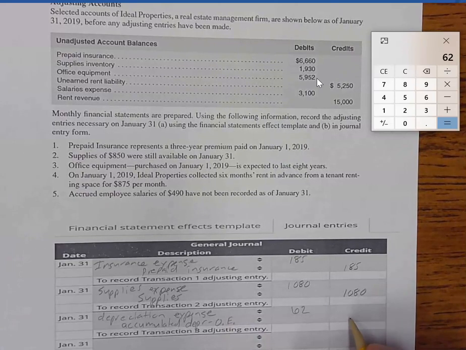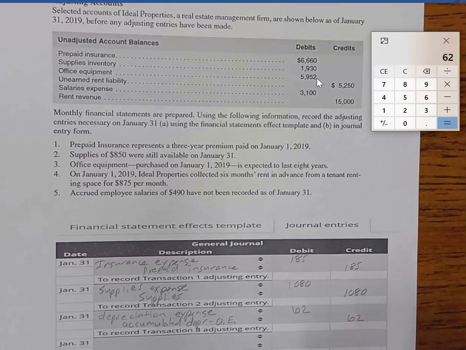So again, accumulated depreciation is a contra account, so it's actually located in the assets. If you want to visualize this, after 1 month we would still have office equipment of $59.52. Then we would have a balance of negative $62 in this contra account called accumulated depreciation.